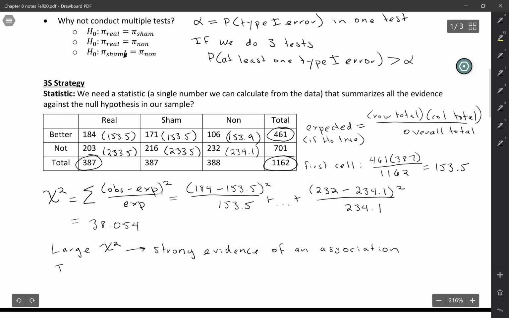But we still have this question: is Chi-Squared equals 38.054 large enough to be convincing? Before we can decide that, we need a null distribution. We need to know what kind of values of the Chi-Squared would occur just by chance, and is this out of the ordinary enough to convince us that there's actually an association.